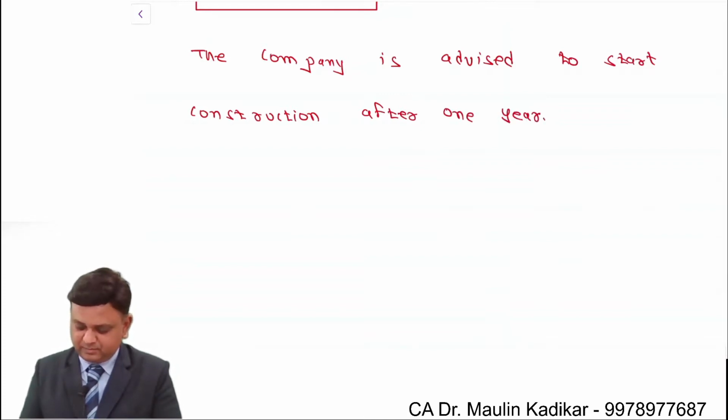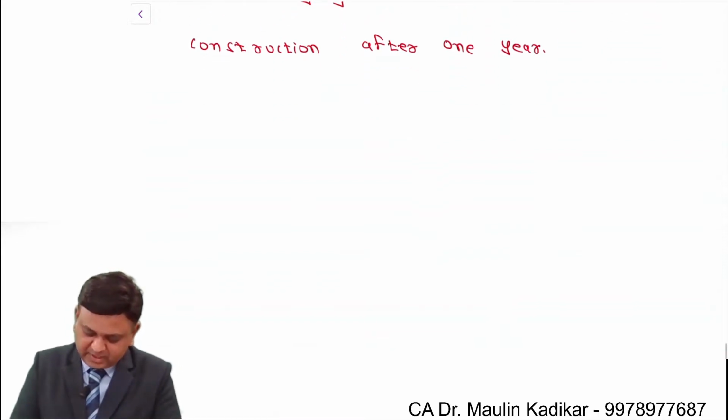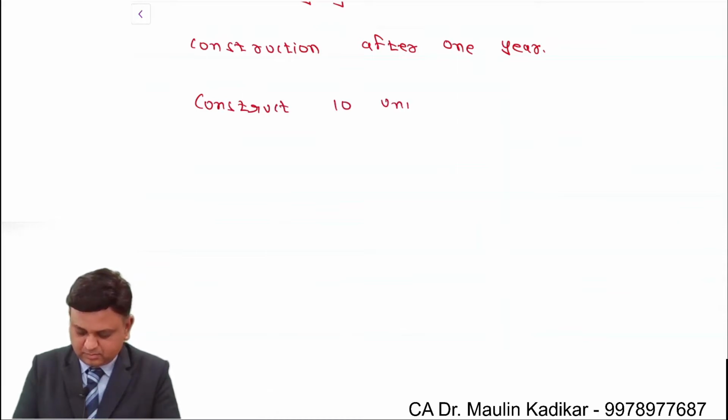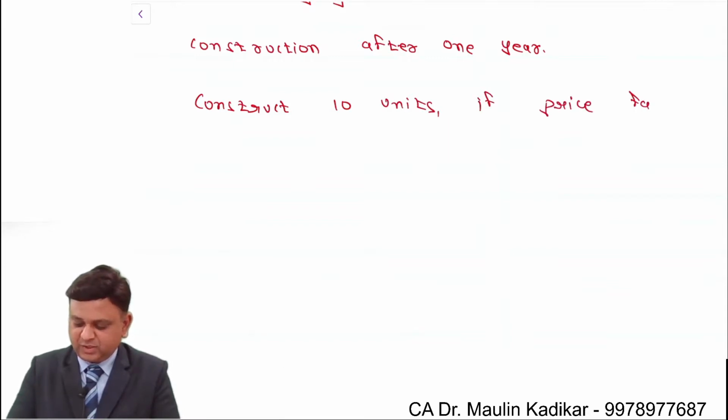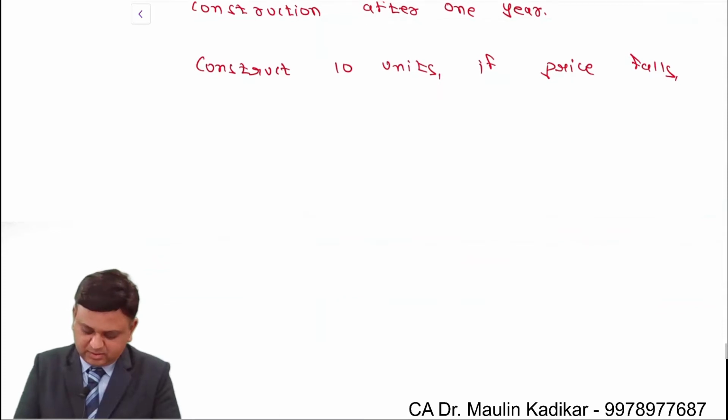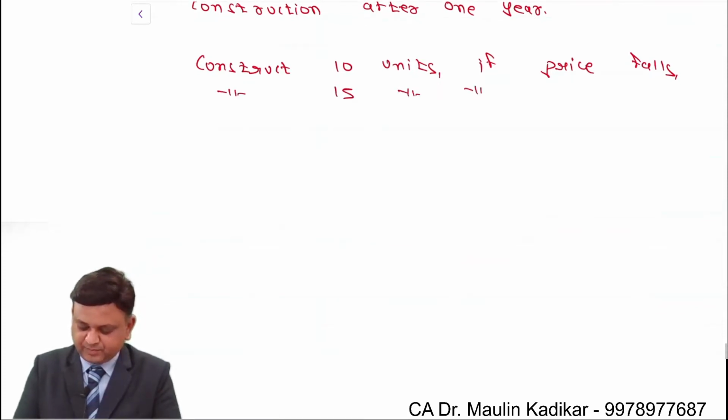Full stop. Construct 10 units, comma, if price falls, comma, construct 15 units if price rises.